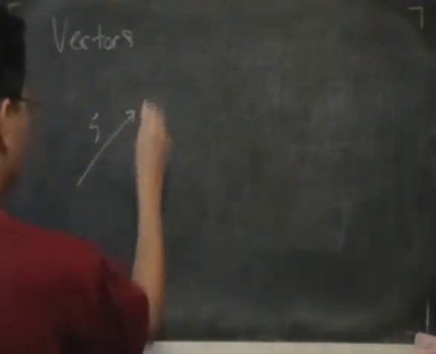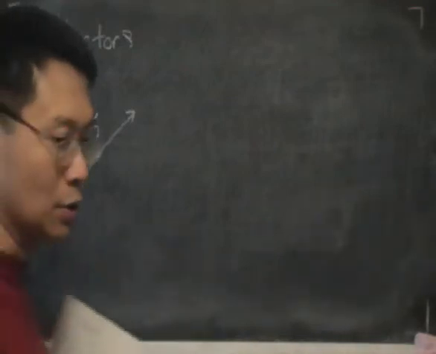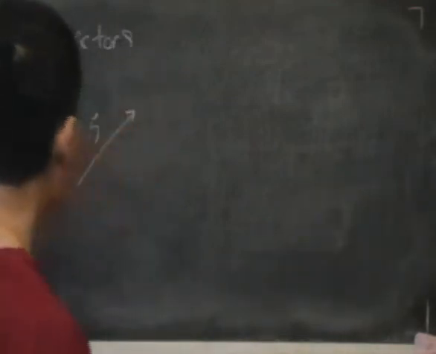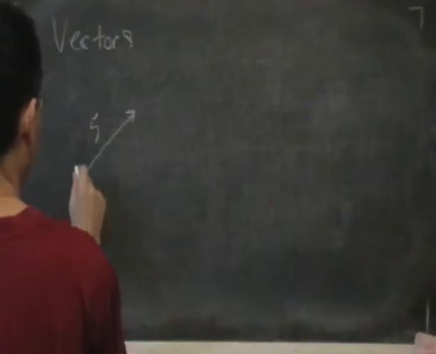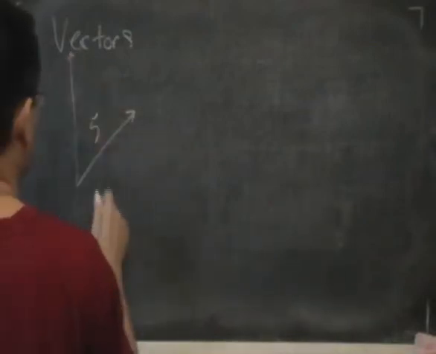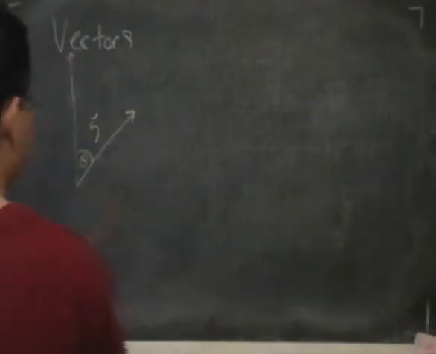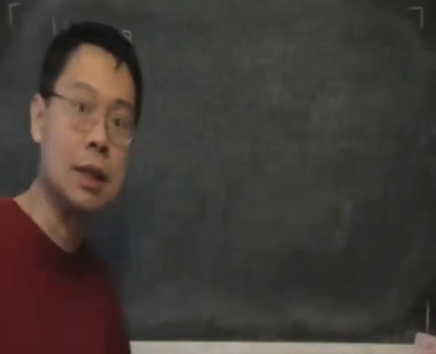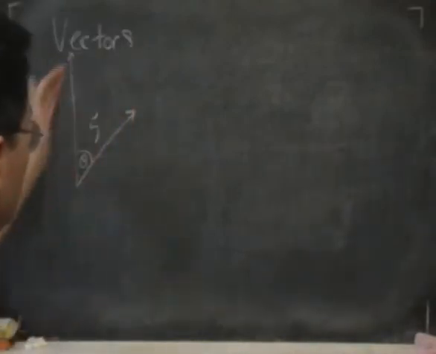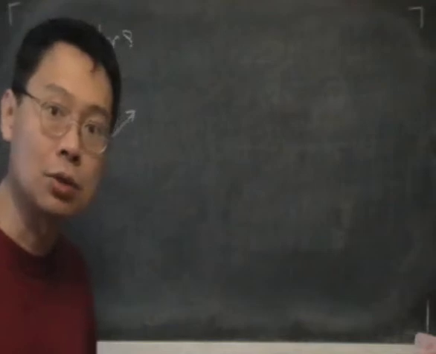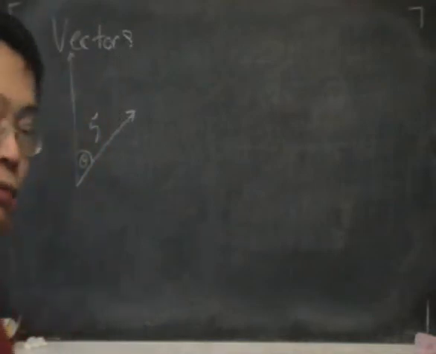For the direction, you would need a reference direction, for example to the north, and this might be a certain angle like 20 degrees, so you can say that the direction is so many degrees to the north. So that's a vector.